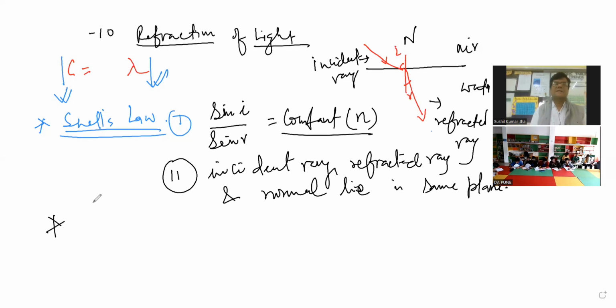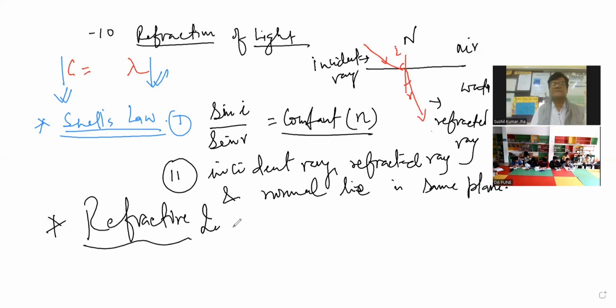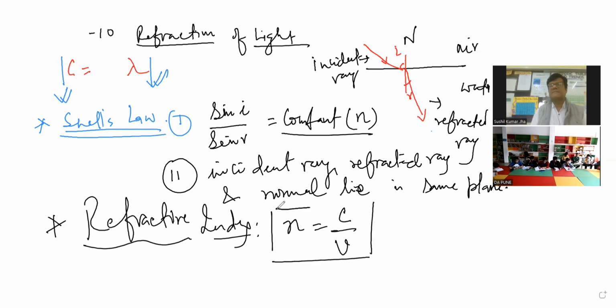Then another term which is called refractive index. When we talk about refractive index, it is also symbolized by small n, and it is the ratio of the speed of light in vacuum to the speed of light in a medium.